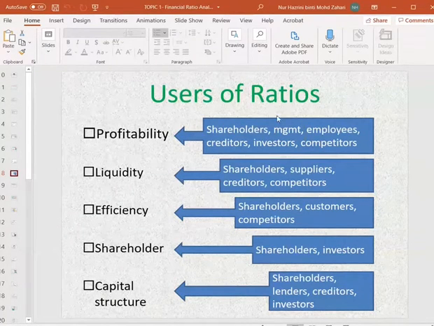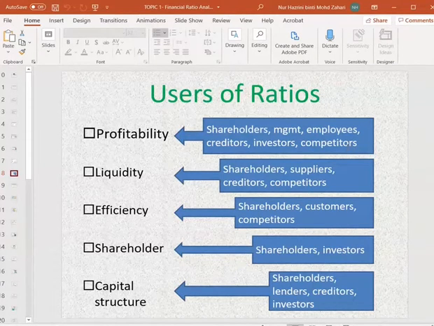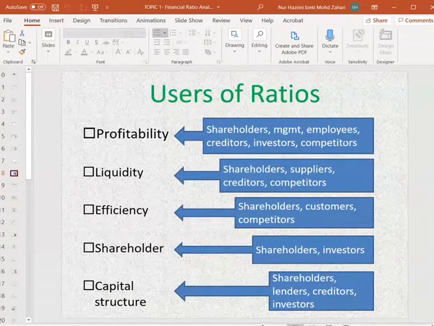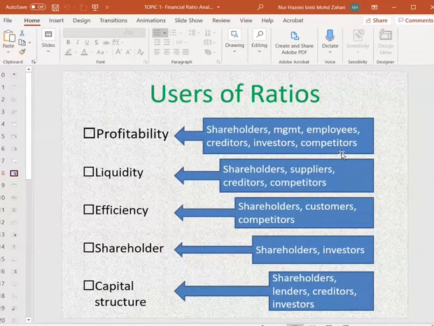Management also wants to look at the profitability, as do employees, creditors, investors, and competitors. Profitability is very important because, for example, employees will want to know whether it is safe for them to stay working in that company or whether they should move to another company.